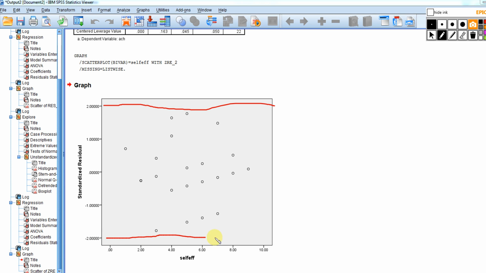So at any rate, that's my discussion of the normality assumption, the homogeneity of variance assumption, and a look at outliers. There's one other assumption I want to briefly mention, which is the assumption of linearity. With linearity, basically the idea is that the relationship between your predictor variable x and your y variable is a straight line.